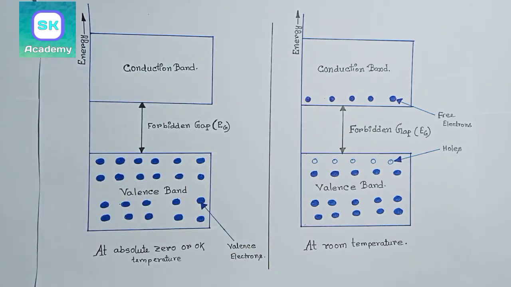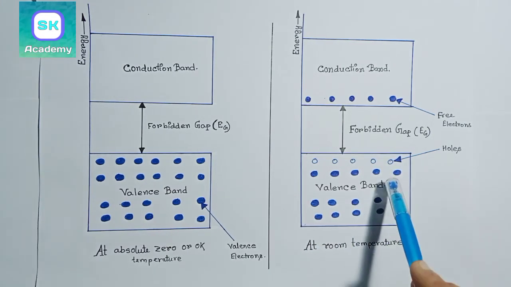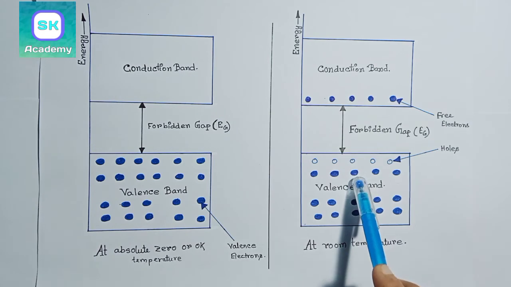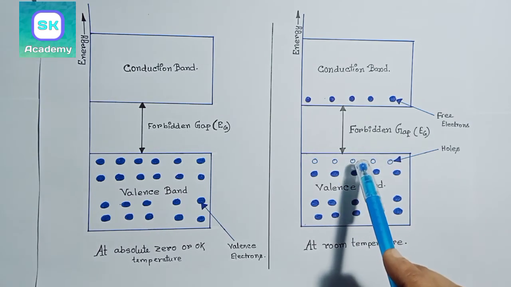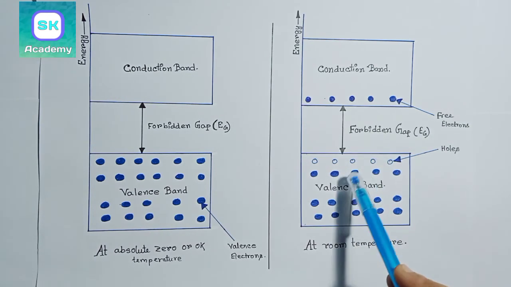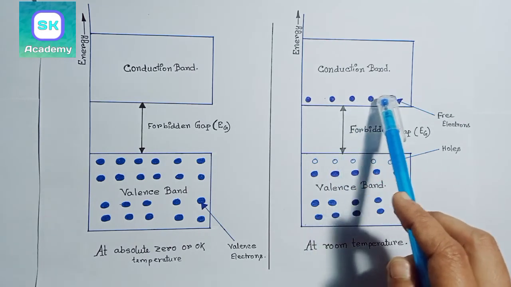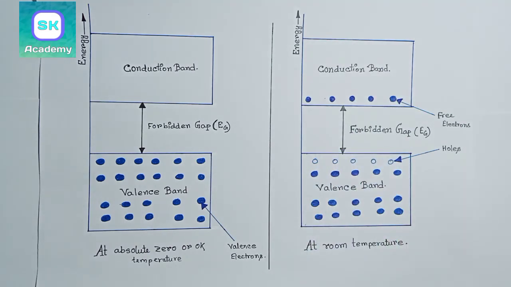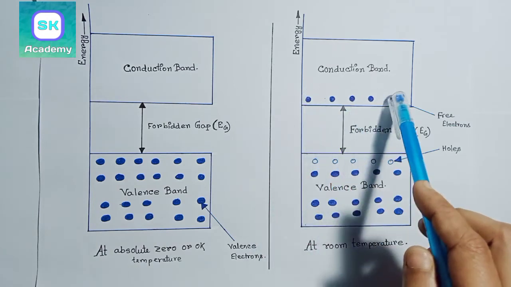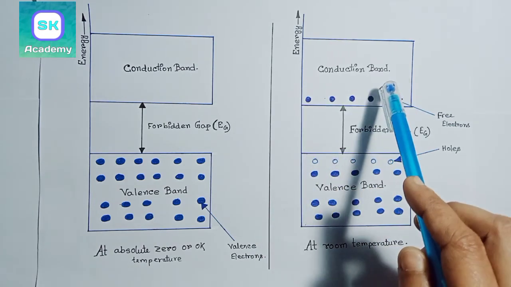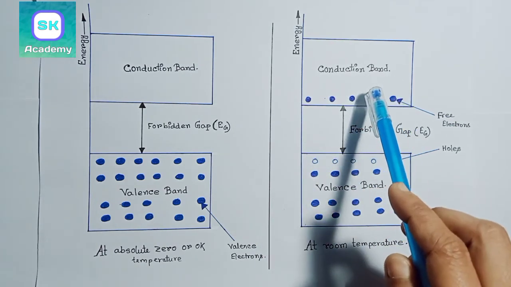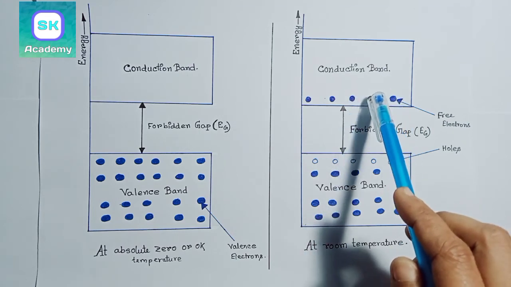At room temperature, valence electrons gain energy and become excited. Then they break covalent bond and jump from valence band to conduction band and become free. Free electrons means the electrons which are free to move in the solid.